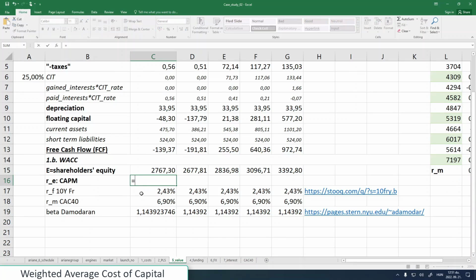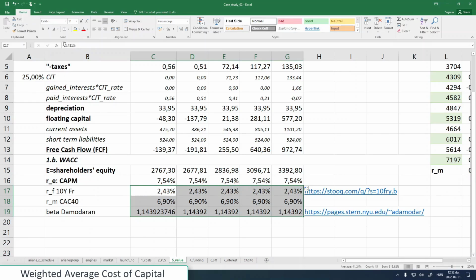So we can see the risk-free rate plus beta multiplied by bracket opens market return minus the risk-free rate return, and then we have the RE, which is constant.